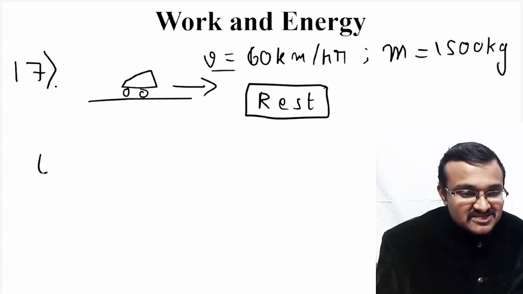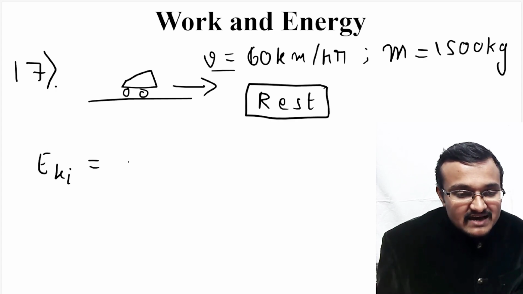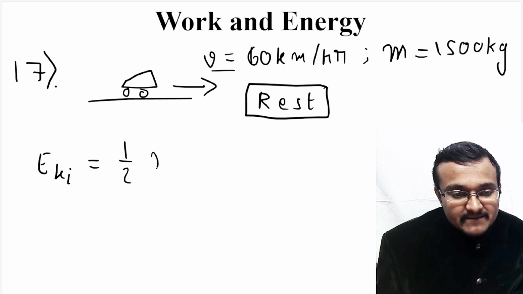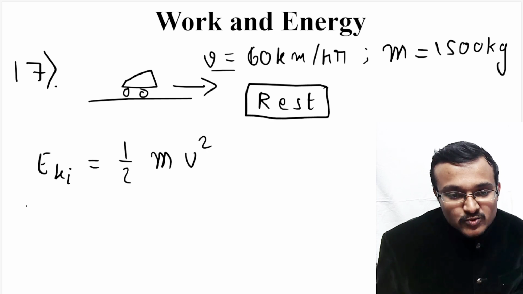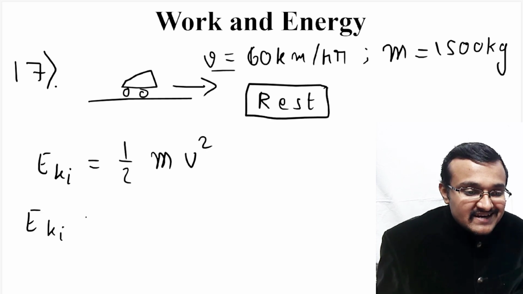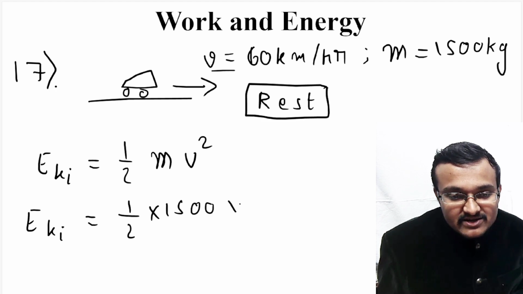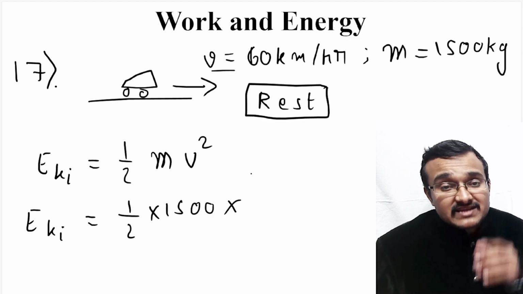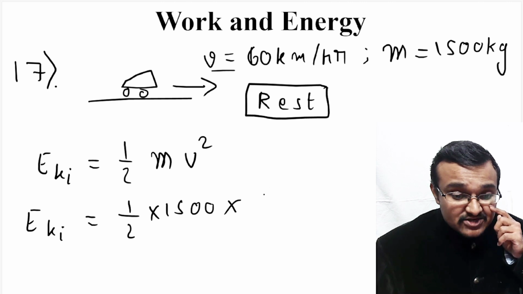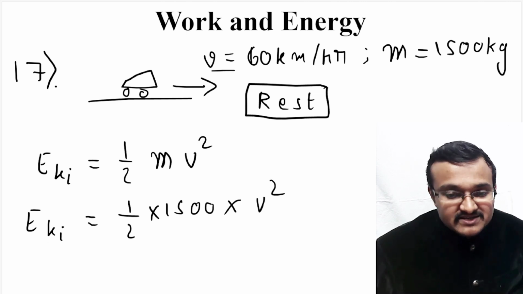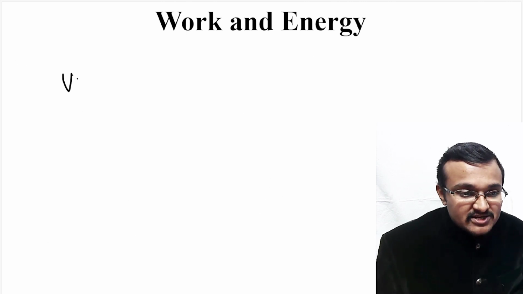That means the initial kinetic energy of this car is equal to half mv square. So initial kinetic energy is equal to half into 1500 into velocity. You have to convert that into SI units. As of now, I'll just write v square. First we will convert velocity into SI units.